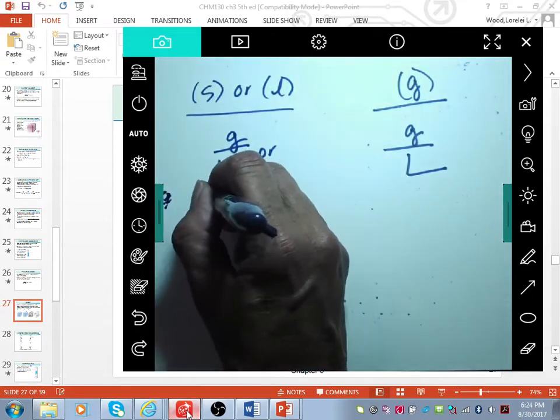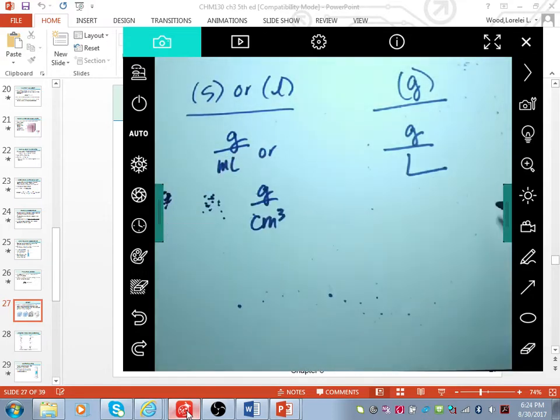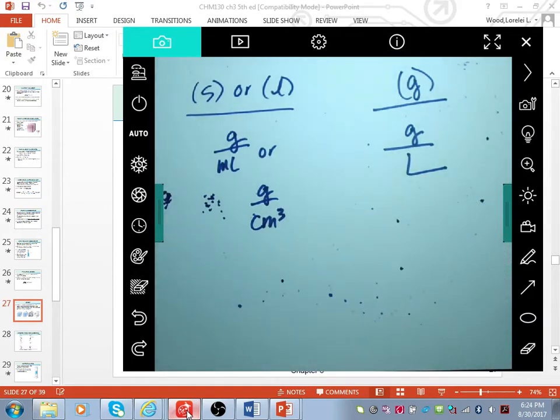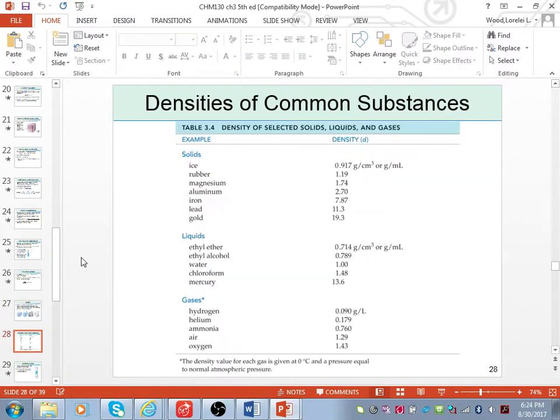Liquid particles are a little farther apart, but they're still touching. Gas particles are so far apart from each other that if you took a milliliter of gas, it probably wouldn't weigh much. It might not even weigh anything that you could measure on a balance. So in gases, we have to take a much larger volume, a liter, rather than a milliliter, when we're talking about the density of a gas.